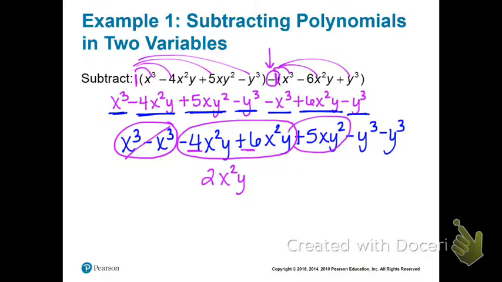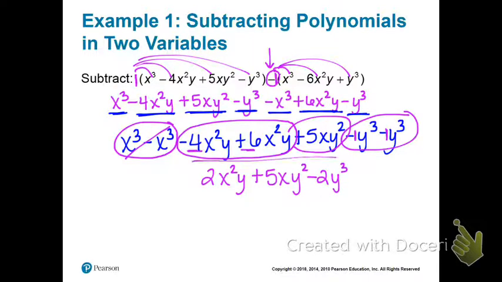Then we only had this one term that was 5xy squared. So I didn't have anything to combine it with, so just bring it down. And then we have a negative y cubed minus y cubed. So remember, that's negative 1 minus 1, which is negative 2, and keep the variable the same. And so here is our solution.